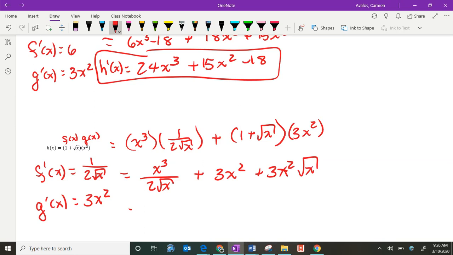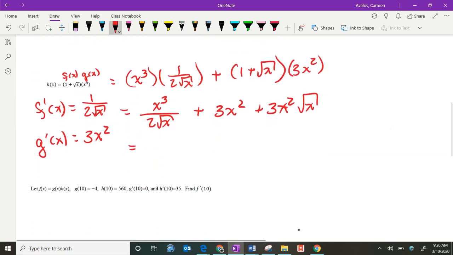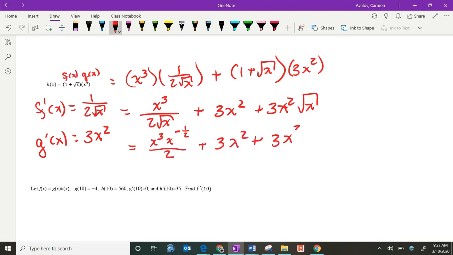Now, this has a lot of stuff in it that we could combine. So I could make this x to the third times x to the minus 1/2 over 2 plus 3x squared plus 3x squared x to the 1/2.